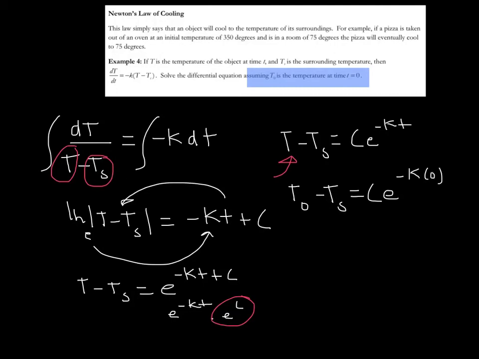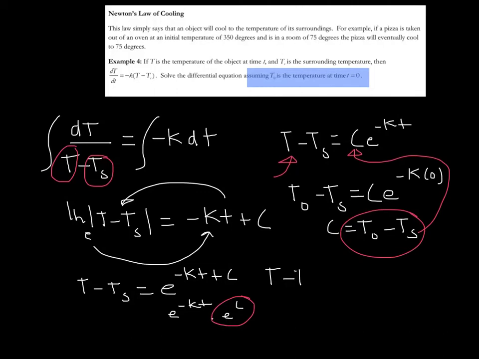All right, and 0 times anything is 0, so e to the 0 is 1, so C is simply T0 minus Ts. So if we go back and plug that in, we end up getting an equation for Newton's law of cooling, which is T minus Ts equals (T sub 0 minus Ts), all of that in parentheses, times e to the negative kt.